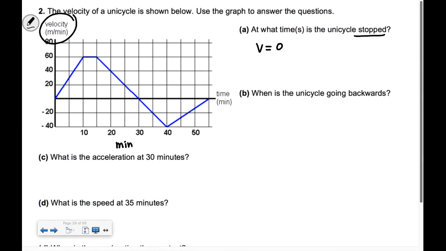So where on the graph is our velocity equal to 0? There are 3 locations. Our unicycle is stopped at time 0 minutes, 30 minutes, and I want to say 60, but it's 55 minutes. That is where our unicycle is stopped.